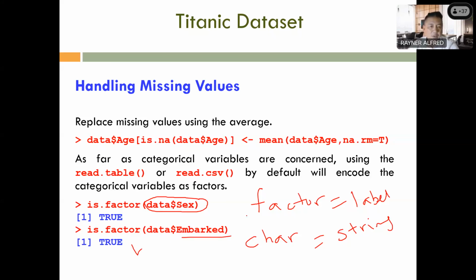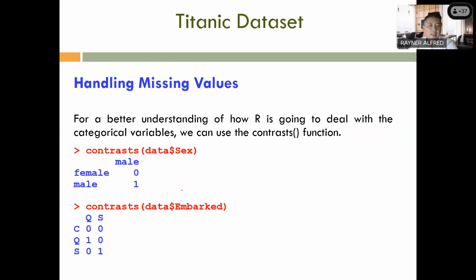There are two missing values here. So what we can do is remove them. This one is just to show you the values for female and male. Female is 0 and male is 1.